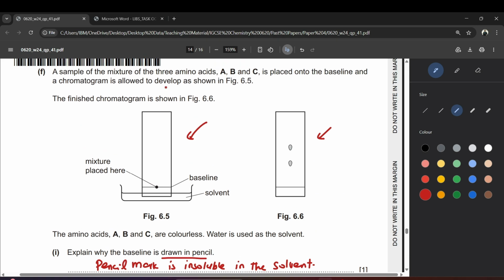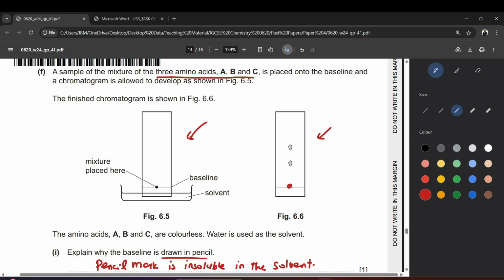Okay, this is an interesting question. It says that we had 3 amino acids, and you can only see 2 spots from here. Now one of the common incorrect answers is that the third amino acid was insoluble, so it did not travel up. The reason that could be incorrect is because even if it was insoluble and could not travel up, you would still see that spot on the baseline, because it has not traveled up.